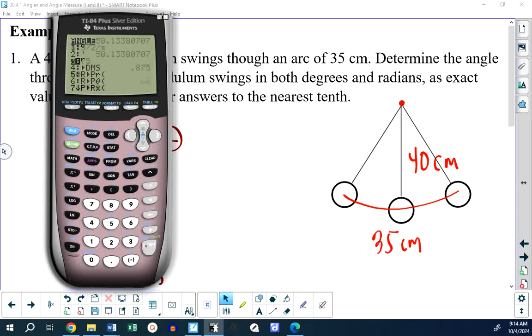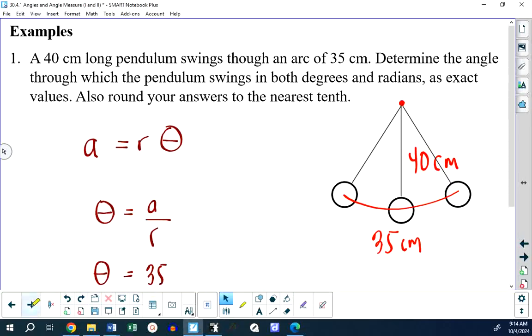So if I do this, it looks like an exponent. It's not. It's just a label that's being attached to that number. I've entered the number 0.875 radians. So when I hit enter, since my calculator is in degrees, it's going to tell me how many degrees it is. Okay. And this is a very nice thing to use for numerical response questions where you can use decimals.